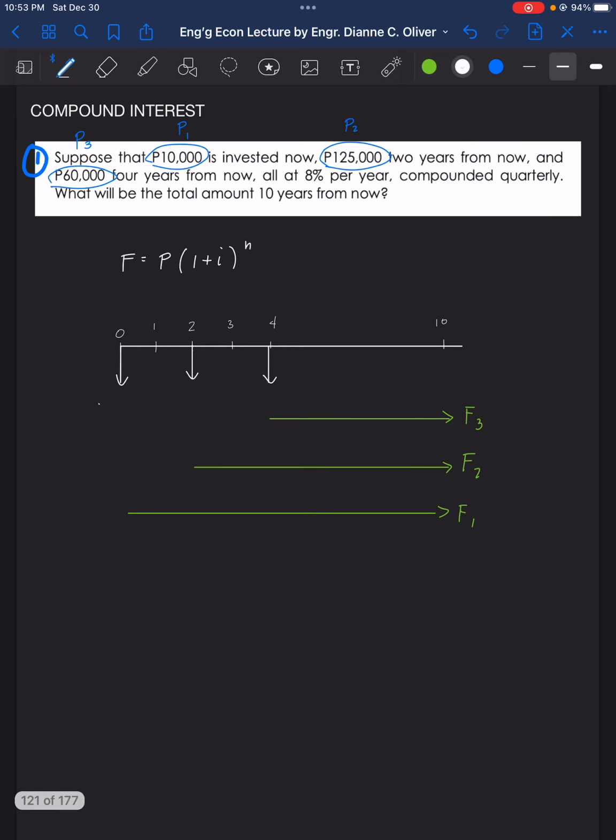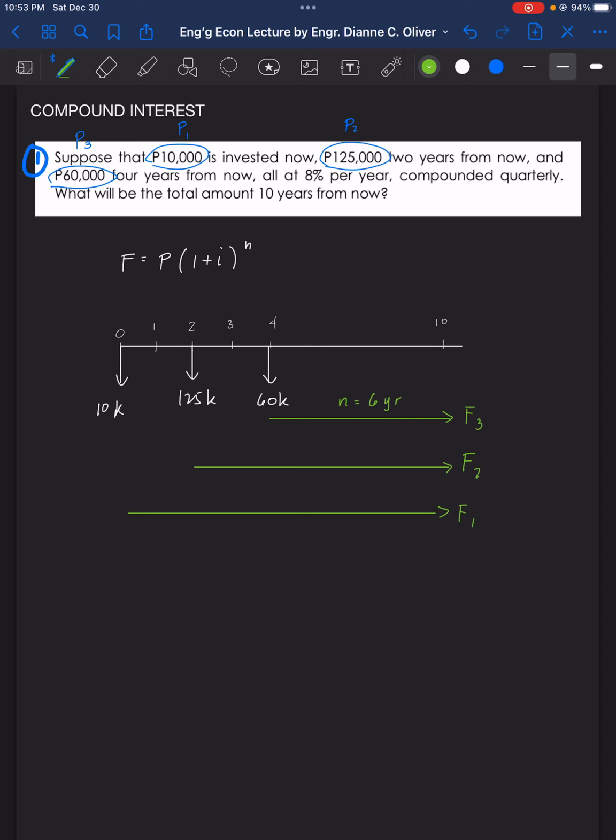Being this is 10K, this is 125K, and this is 60K. So what will be the n, number of years for the 4th year? For the 60K, number of years will be 10 minus 4, that will be 6 years.